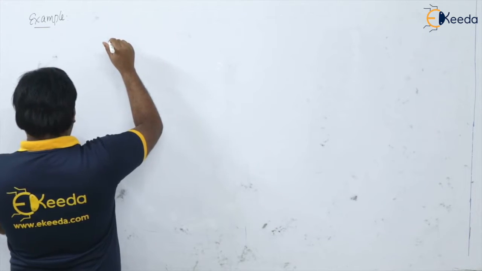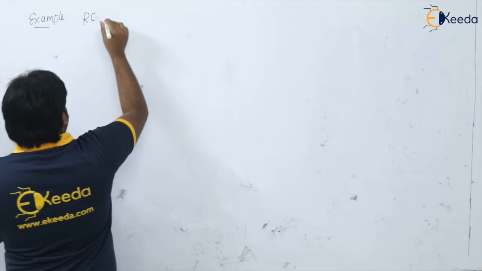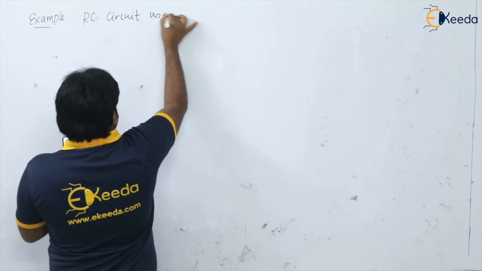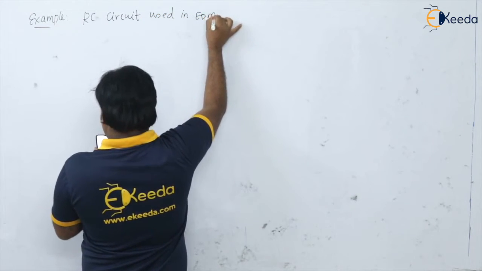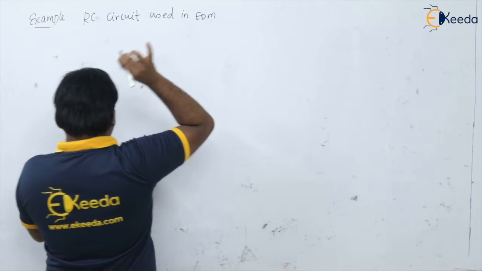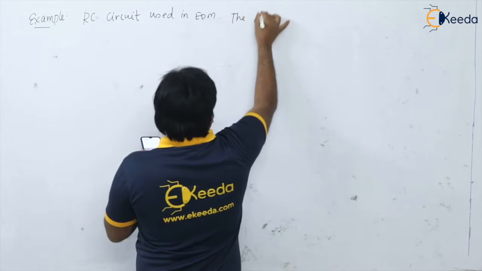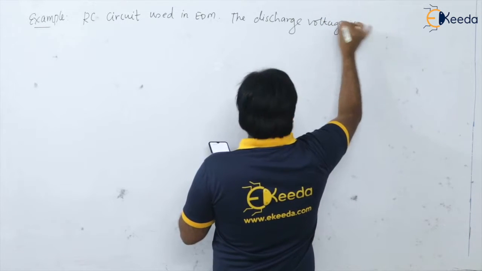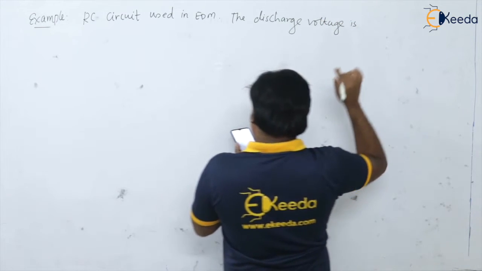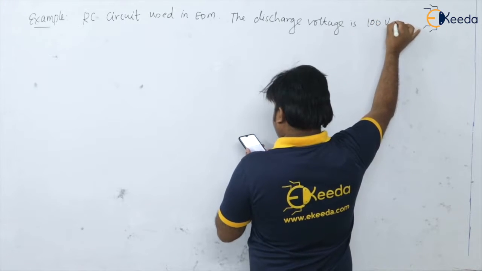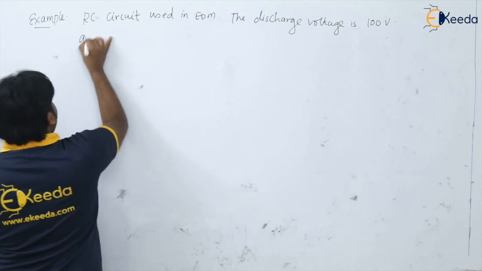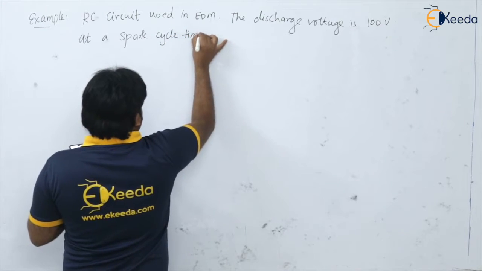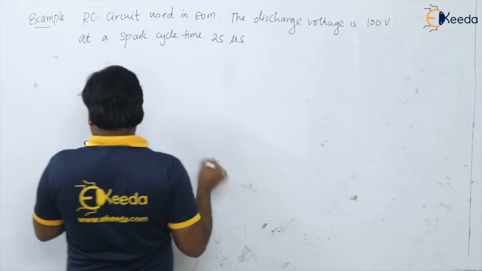Definitely. A resistance capacitance circuit, the RC circuit, as used in EDM, the discharge voltage is 100 volt at a spark cycle time of 25 microsecond.